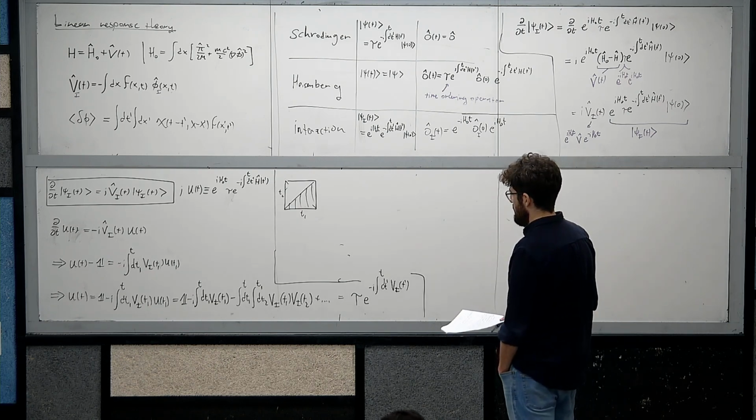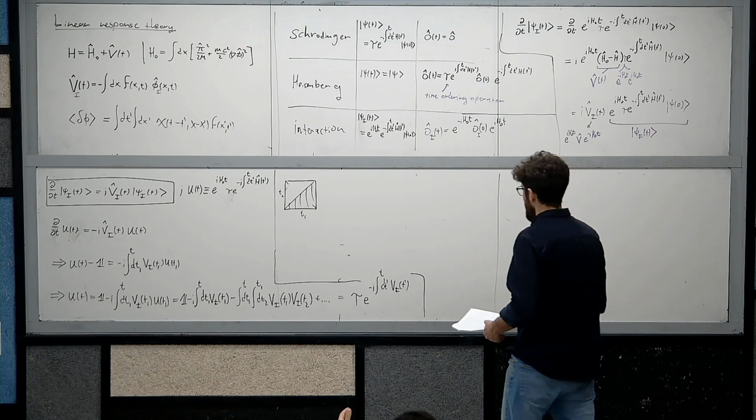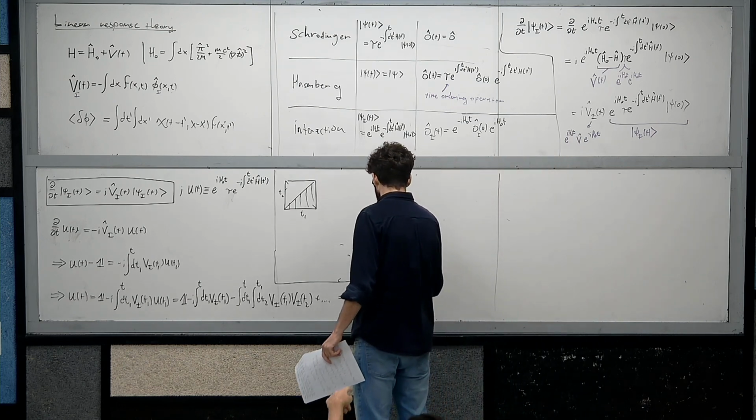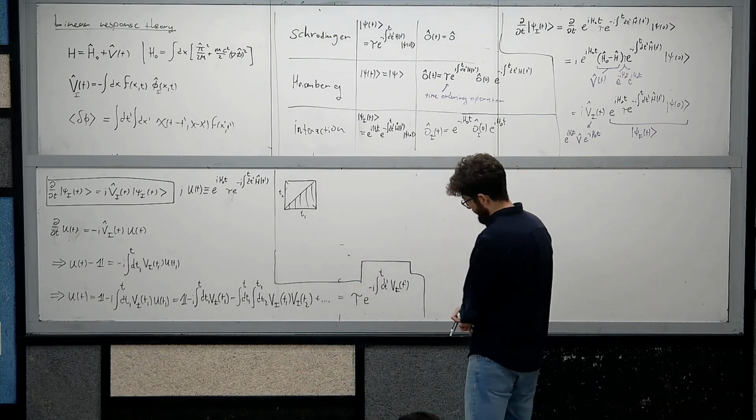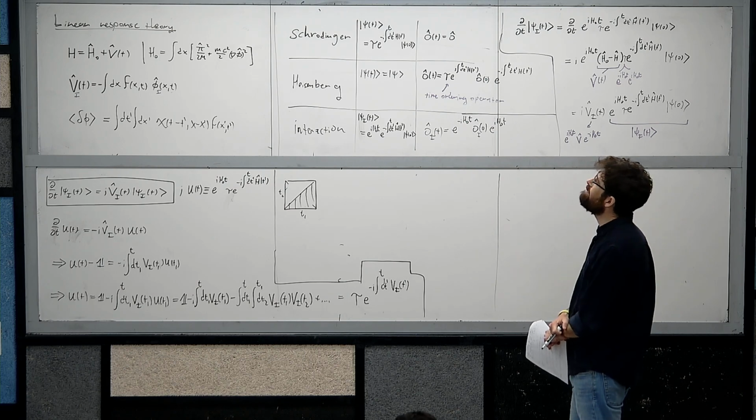This is some sort of transfer matrix, like we're summing up over all these possible deviations.